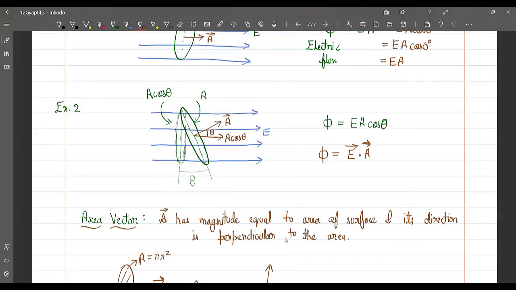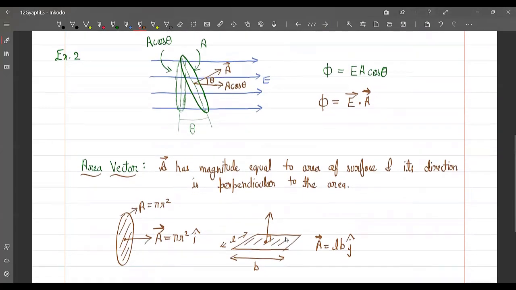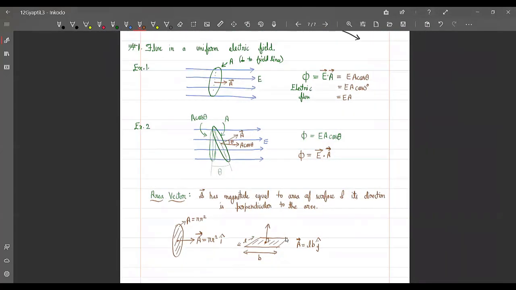So you can calculate flux through a uniform electric field through any area. Okay, are there questions?